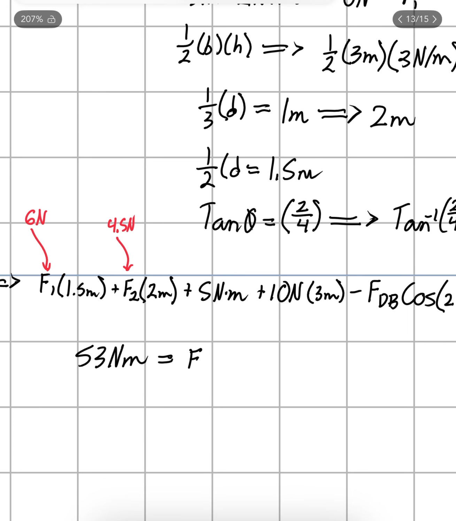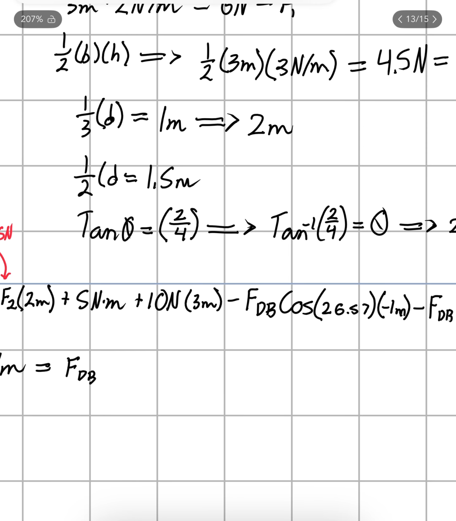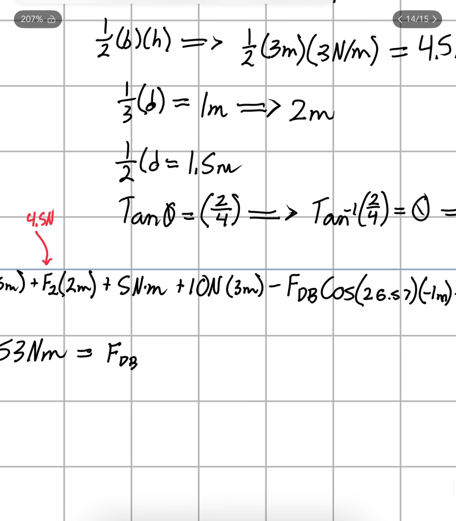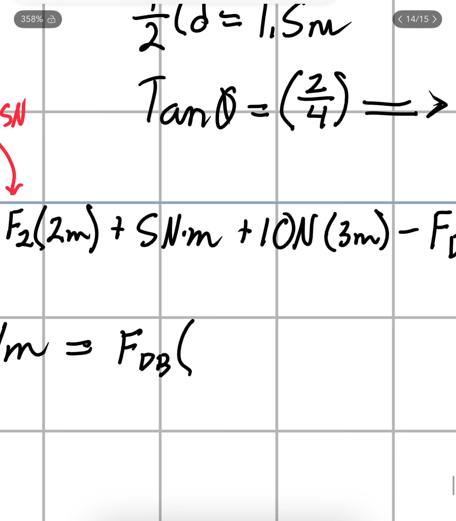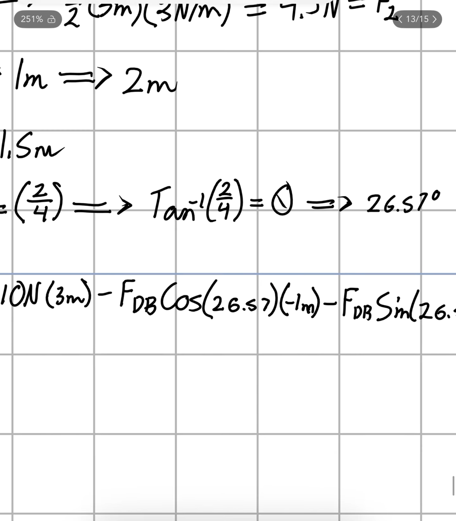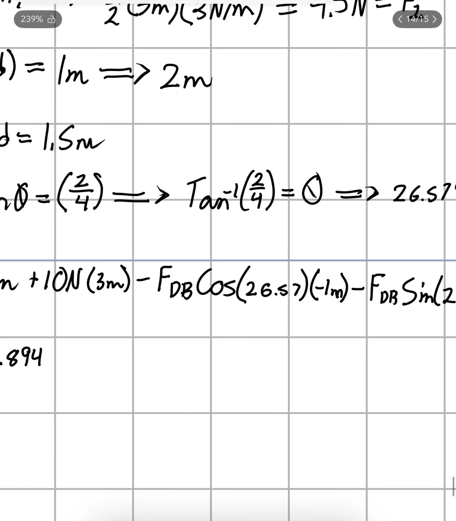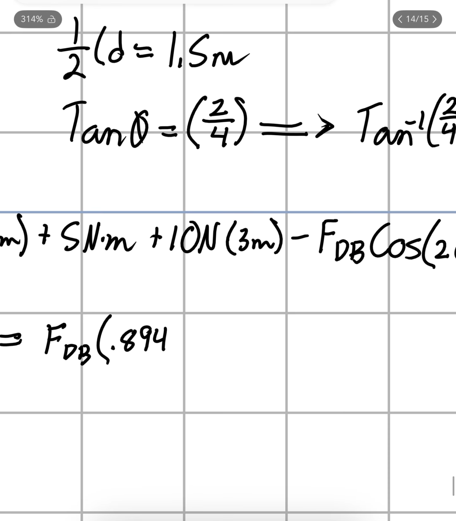So we have FDB, cosine of 26.57 is 0.894, and sine of 26.57 is 0.447, times 4 is 1.789.